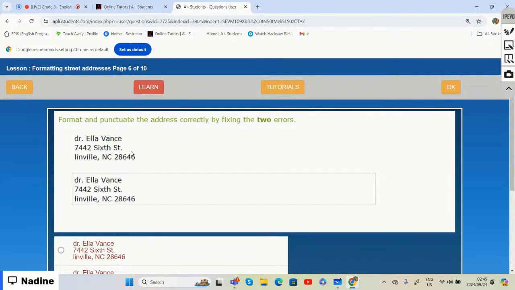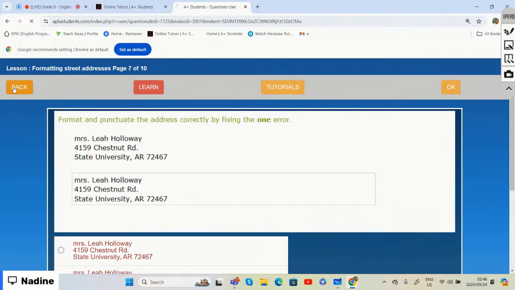We need to fix two errors. And if we were to fix our two errors, the first error would be that Dr. needs to be capitalized. And Linville needs to be capitalized, right? And we will choose the first option.